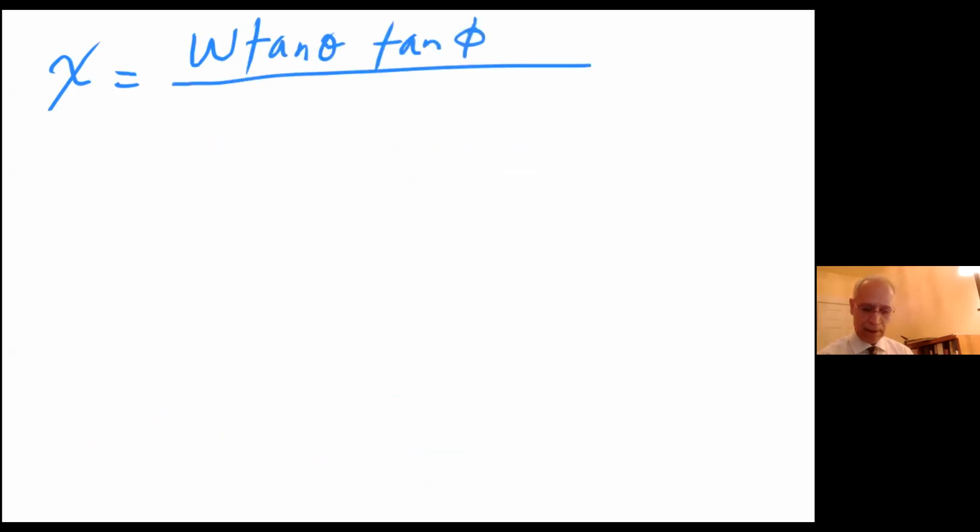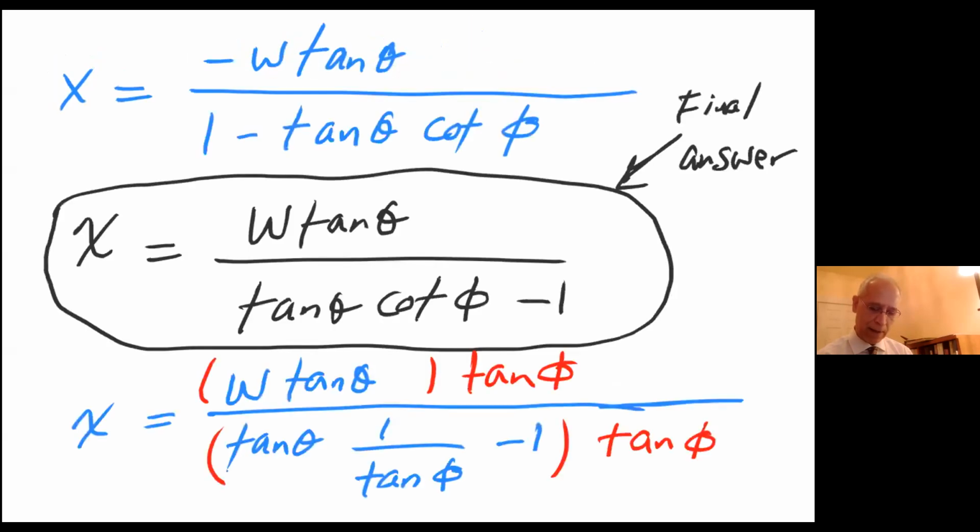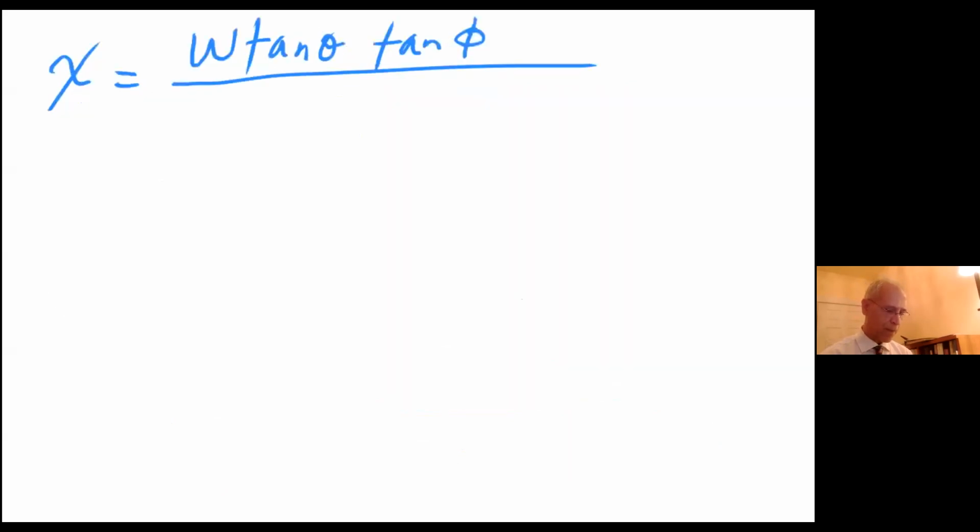Let me go back to the previous page for a second. So w tangent of theta tangent of phi. Now the tangent of phi gets canceled with the tangent of phi in here. So I'll have tangent of theta minus, so -1 times tangent of phi is tangent of phi.